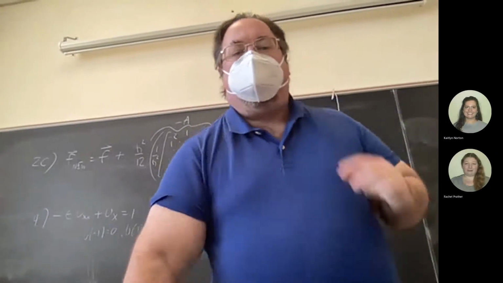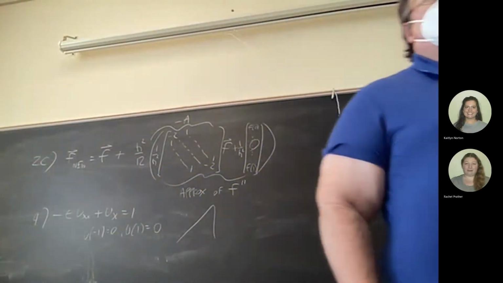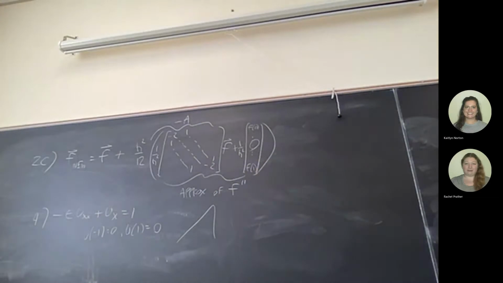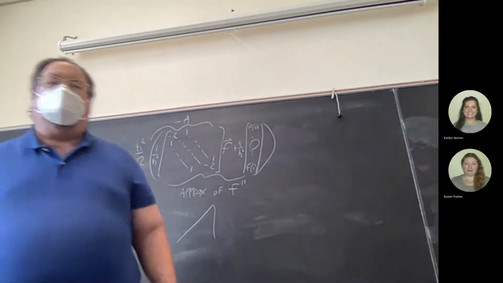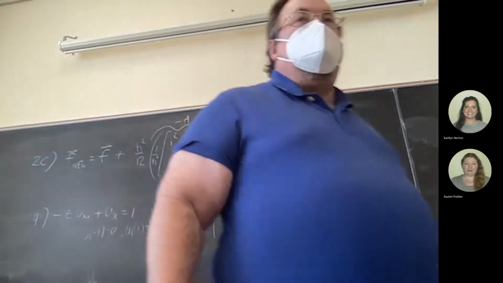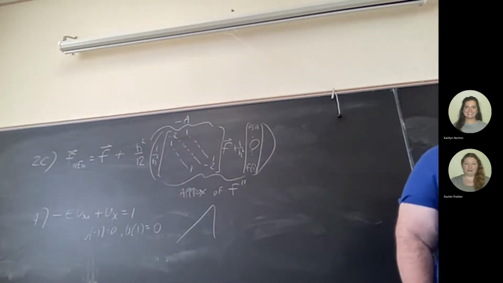And if you're using center difference for both uxx and ux, then theoretically your finite difference method ought to be second order accurate. But sure, it's not going to look that way.